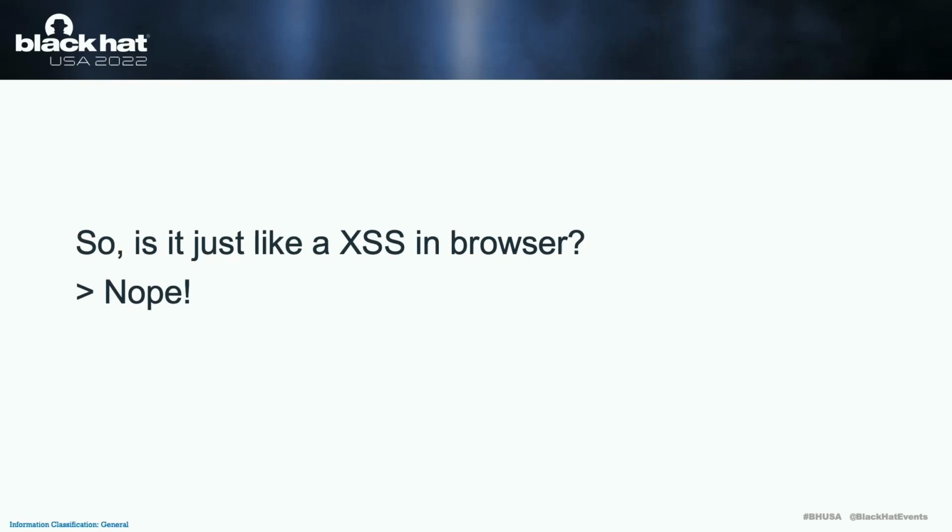Electron code is a combination of Chromium and Electron-specific code. So what if we find a way to abuse this intersection between Electron's code and Chromium code and somehow subvert all the defenses which Electron had?